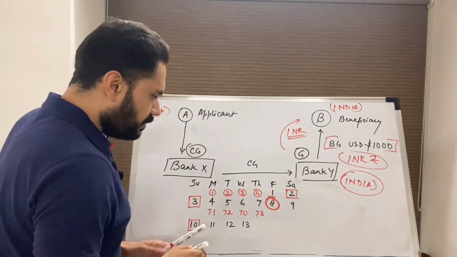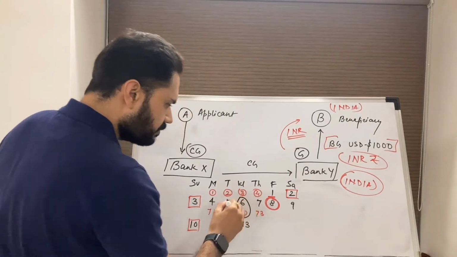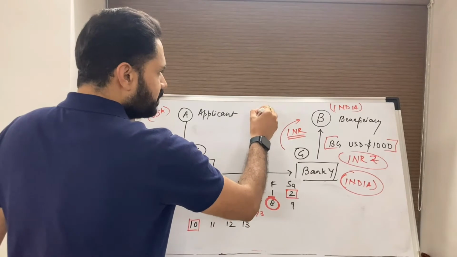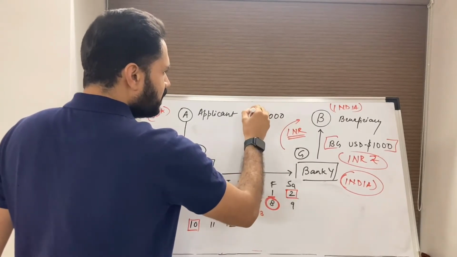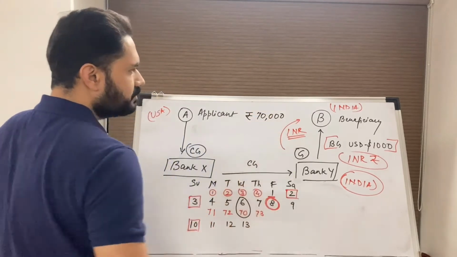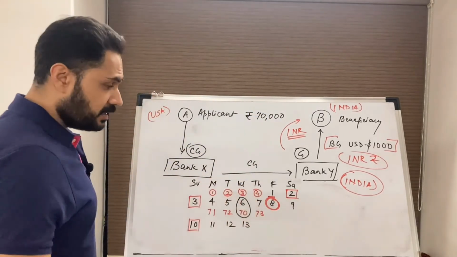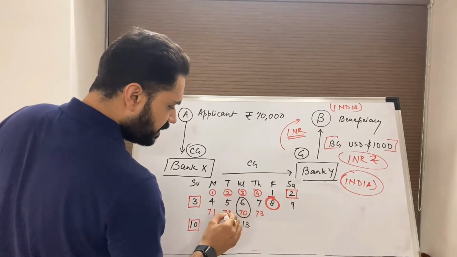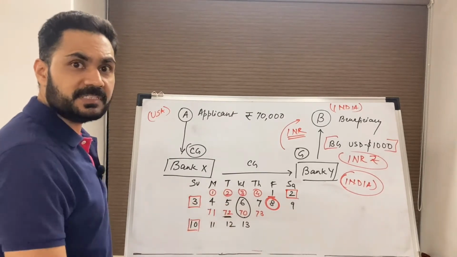The guarantor decided to make payment on the 6th. As per 70, the guarantor paid the beneficiary 70,000 INR. The beneficiary cannot tell the bank, why did you not use the exchange rate prevalent on the previous day, which was 72?